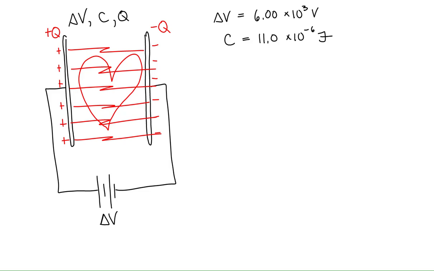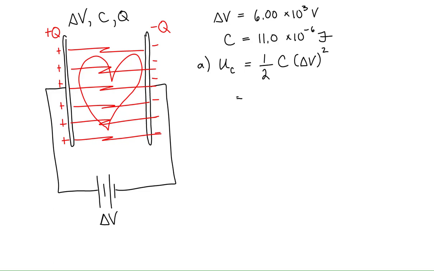Our goal in part A is to find how much energy was stored by the capacitor. To determine that, we could use the expression that we've previously shown for the potential energy of a capacitor, that the potential energy is equal to 1/2 of the product of the capacitor's capacitance and the potential difference across the plates of a charged capacitor.